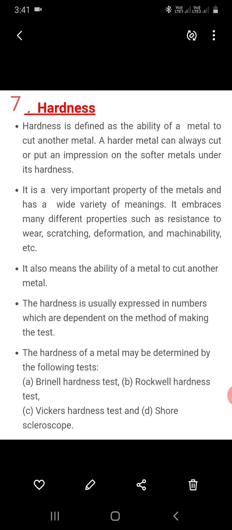When we hammer a diamond, it breaks, so it does not have high strength, but it has high hardness. It can make a dent on a steel surface also. So dent making or cutting of softer materials is called hardness.